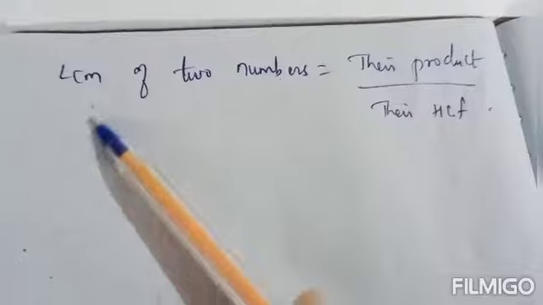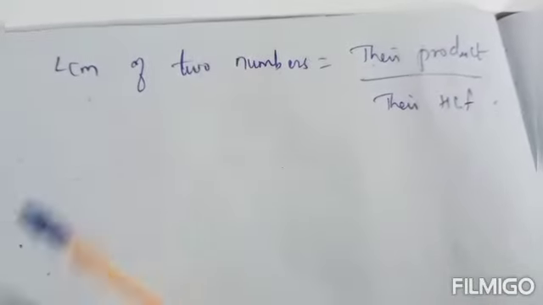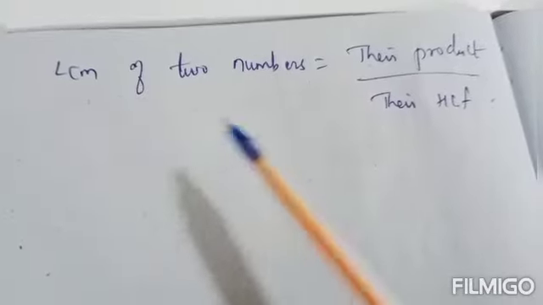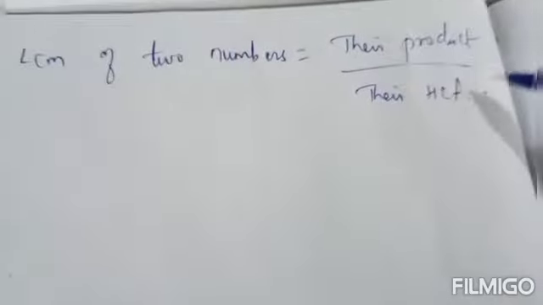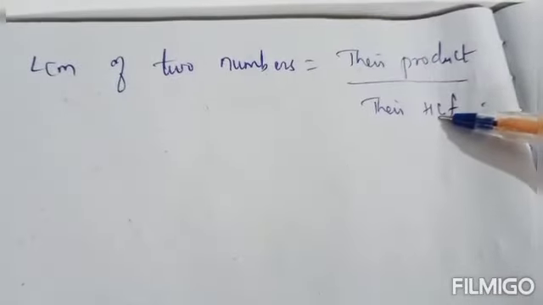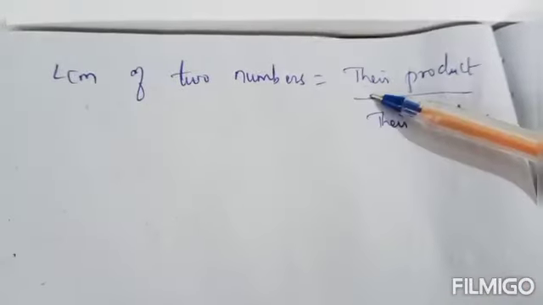Okay. Next you need to find the LCM of 496 and 1116. So you can use this formula. If their HCF is known, you can find the LCM of two numbers by this formula.